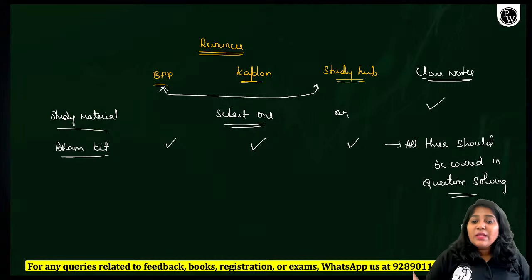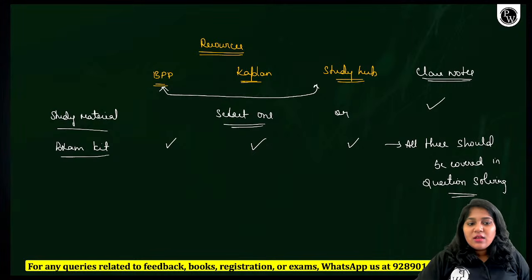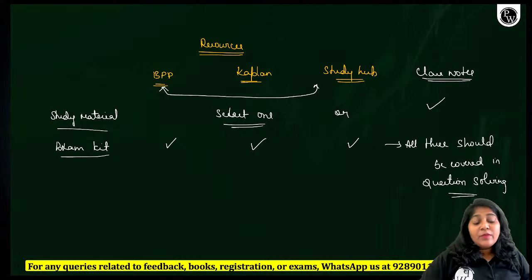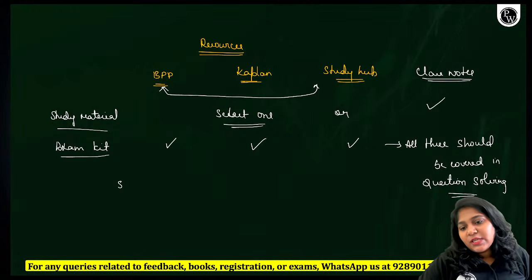How many attempts are you going to take? I don't want you to take 2-3 attempts to clear one subject. I want you to clear it in the first attempt. So for that, it's very necessary that you solve questions from BPP, Kaplan, and Study Hub. But now you have three materials, right? When you study, use one.